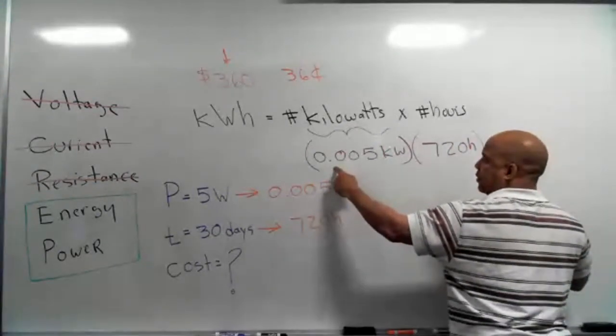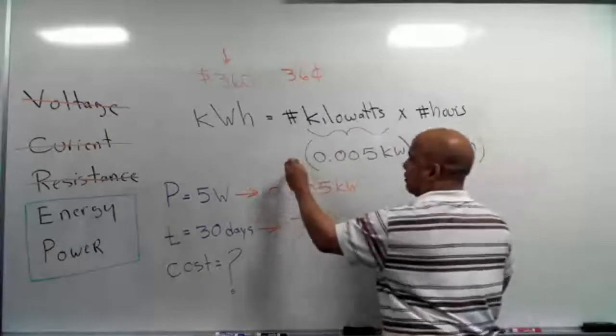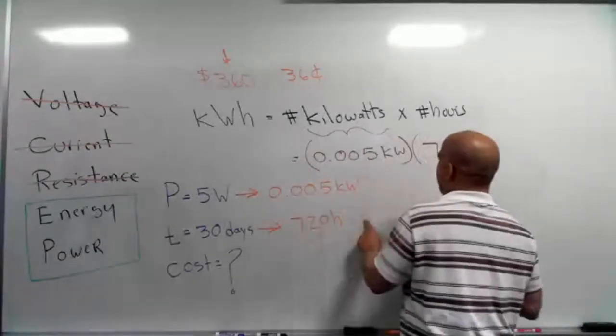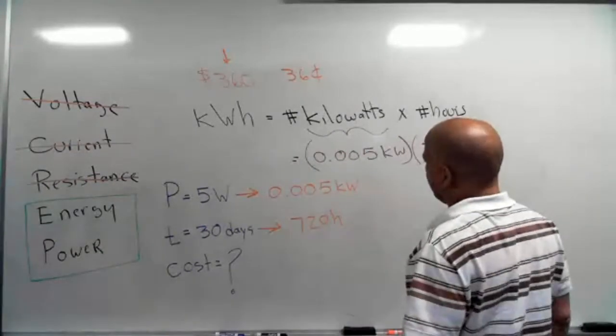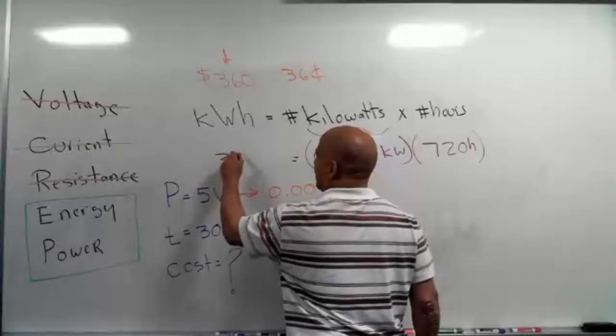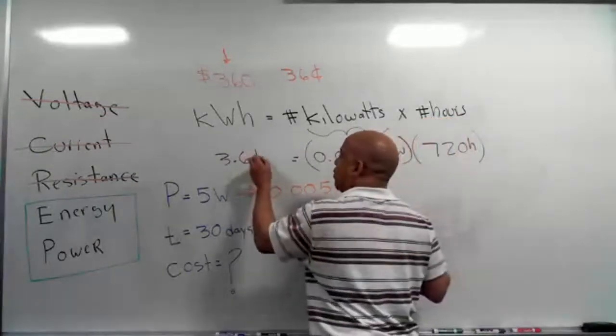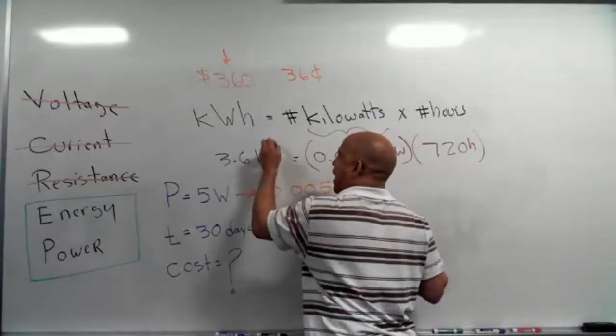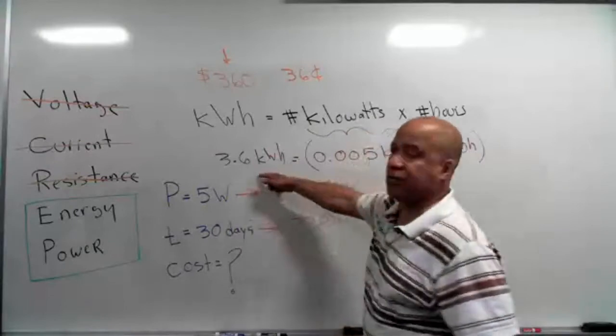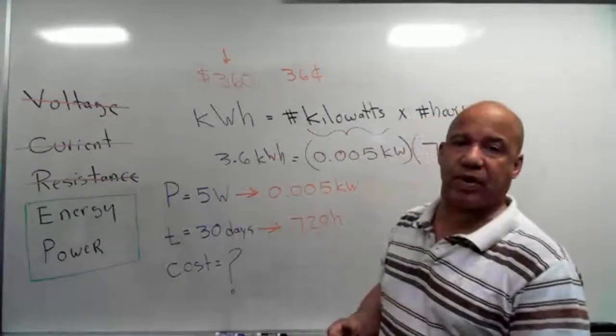So what is 0.005 times 720? How much is that? 3.6. 3.6 what? 3.6 kilowatt hours of energy. This is energy here, 3.6 kilowatt hours of energy.